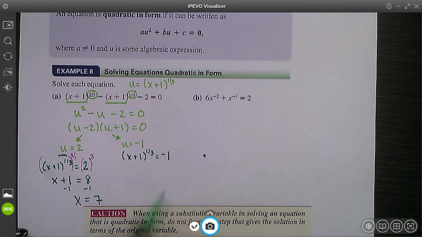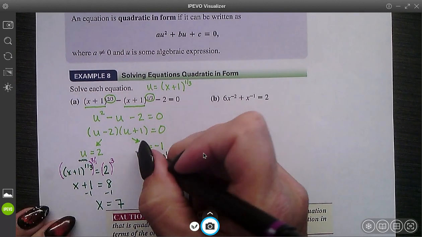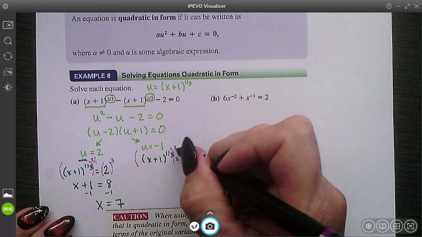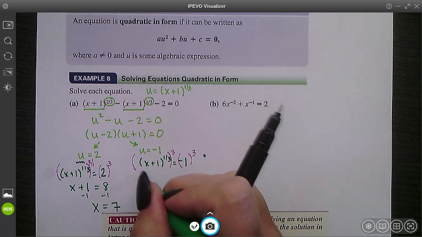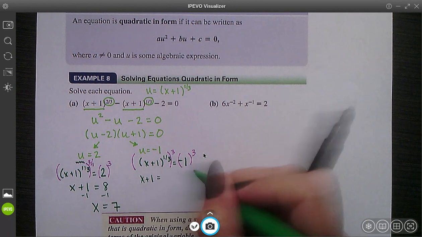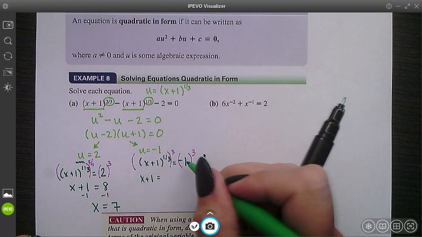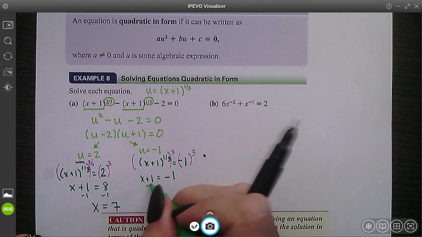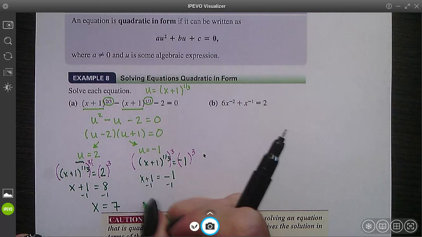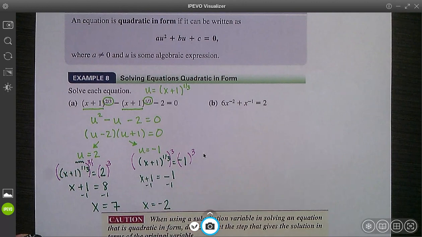Do the same thing for my other proposed solution, so cube both sides on this side. I get x plus 1 again, but this time it equals -1 times -1 times -1, which is -1. Subtract 1 from both sides, and I get x equals -2.